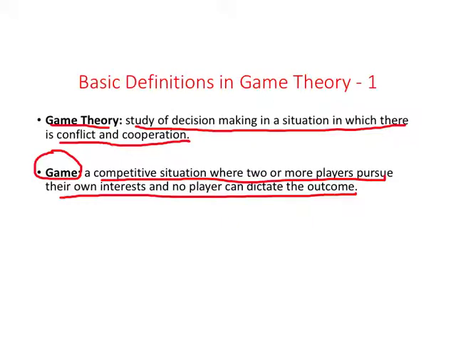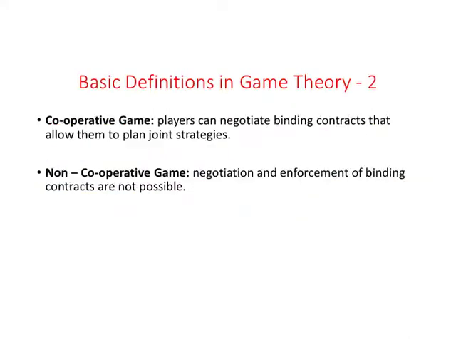For example, if I play basketball with, say, Michael Jordan, this will not be considered a game because we already know the outcome. So when we are looking at people with similar skills or similar endowments, we do not know a priori what the outcome will be, and this is what we are trying to figure out. So this is a formal definition of game theory as well as game.